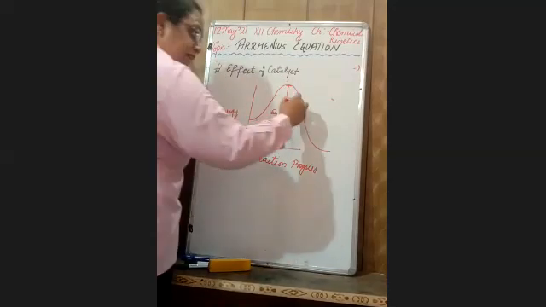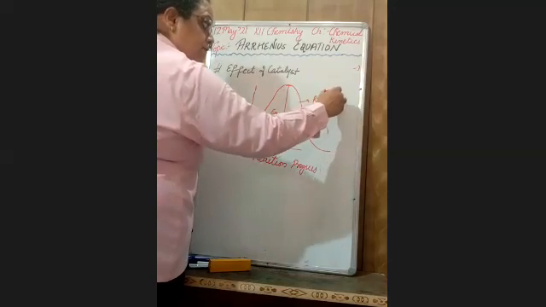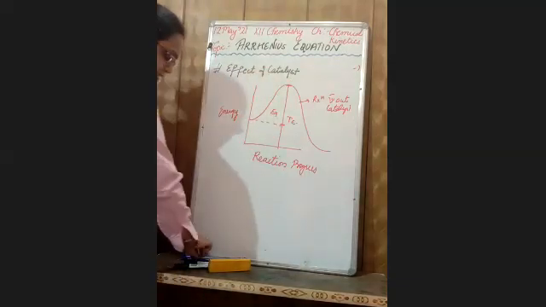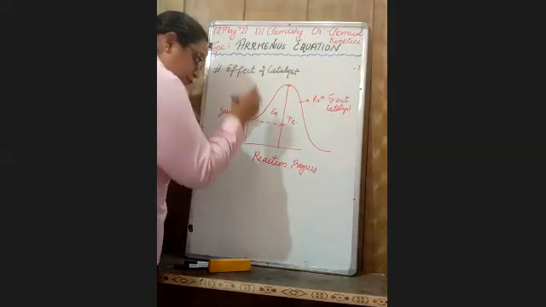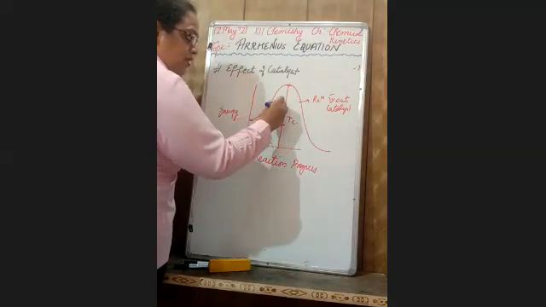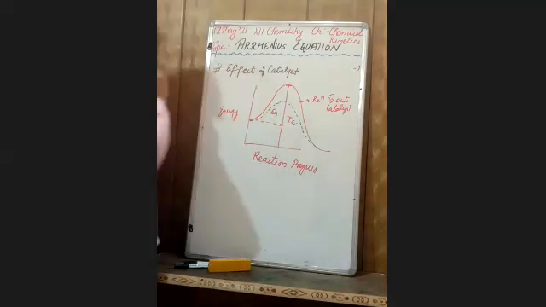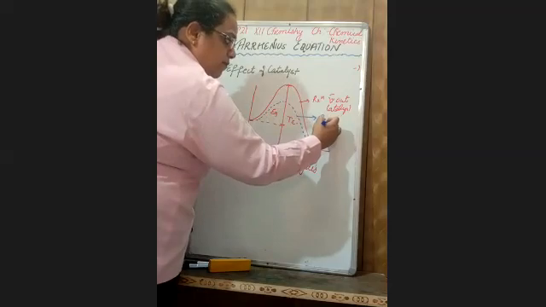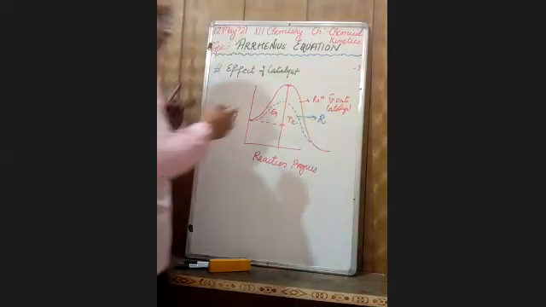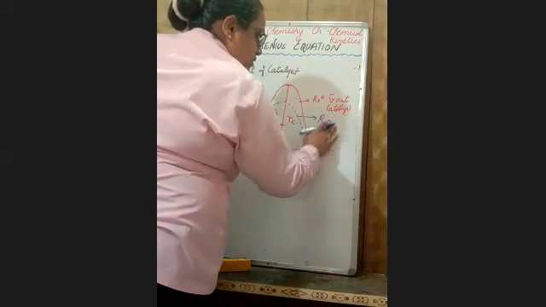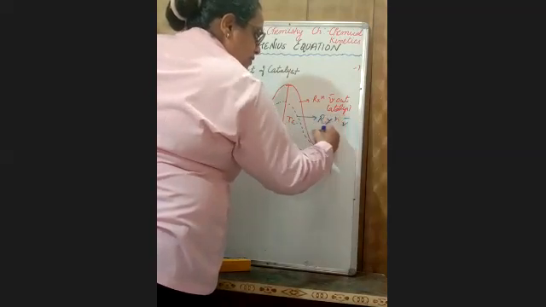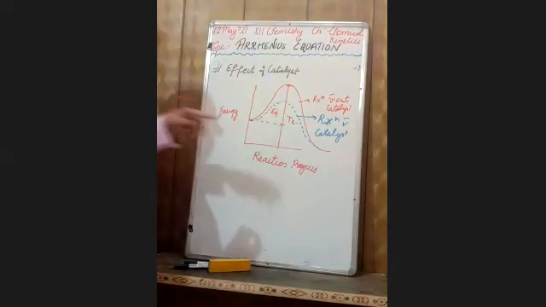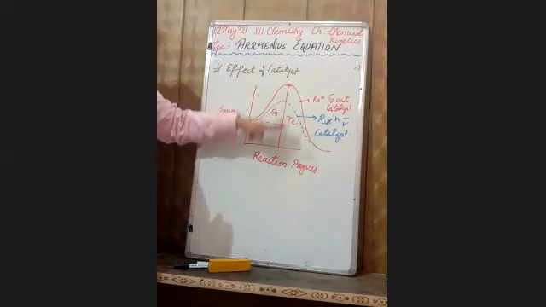Okay. So this is the reaction without catalyst. And with catalyst, the activation energy lowers and rate of reaction becomes fast. That's the way how catalyst works in increasing the speed of the reaction. It lowers the activation energy.